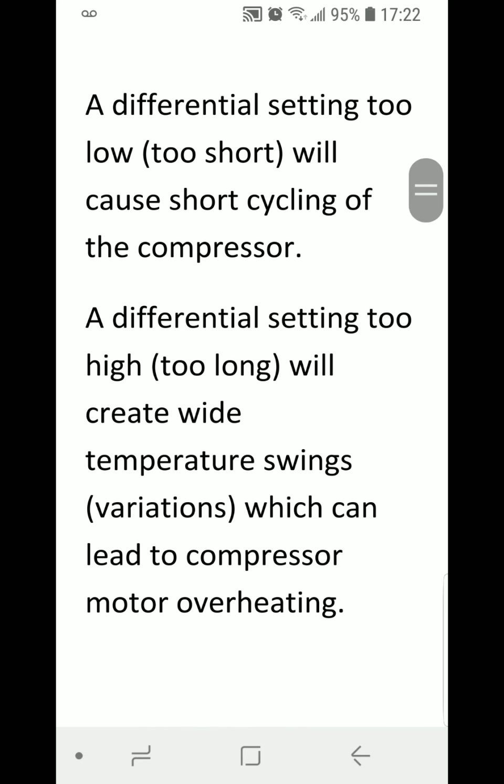A differential setting too low or too short will cause short cycling of compressor. Differential setting too high or too long will create wide temperature swings or temperature variations, which can lead to compressor motor overheating.